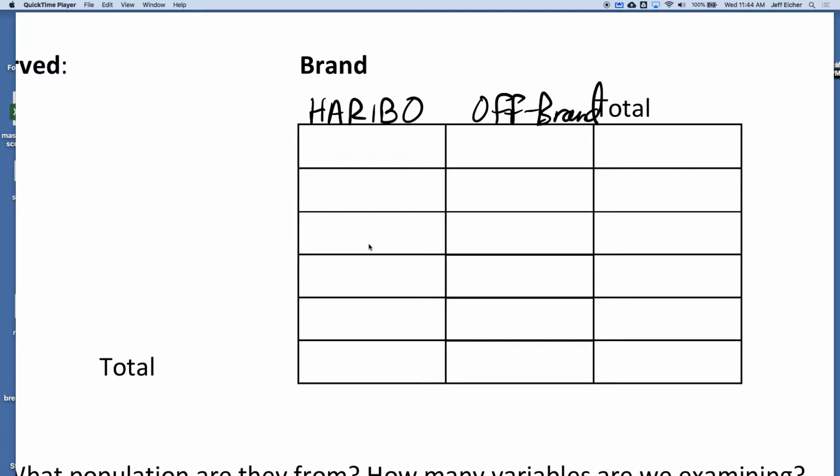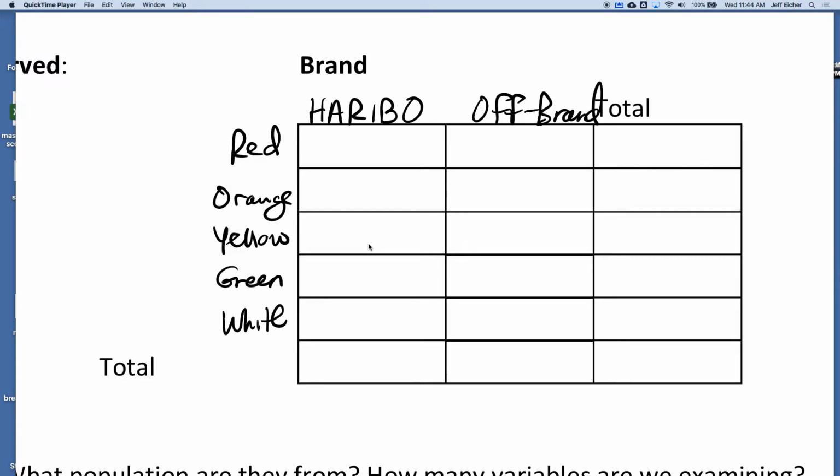And the students in the class have already counted red, orange, yellow, green, and white. And the students counted in our sample 44 red Haribo, 15, 23, 26, and 16 for a total of 124 Haribo gummy bears.